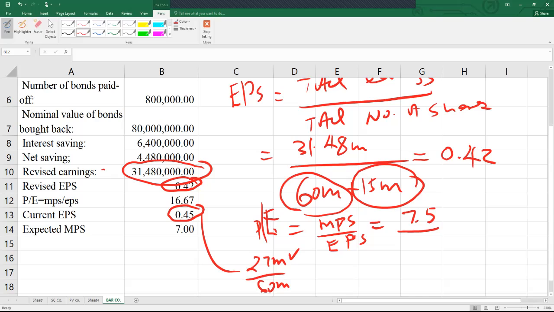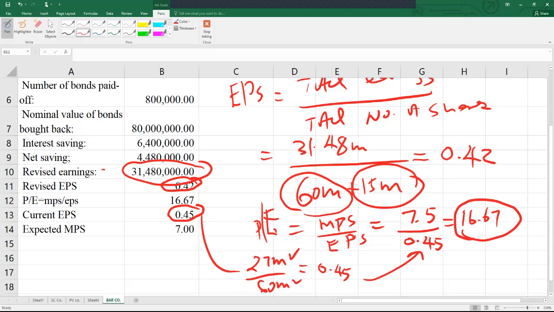This was the earnings of the company before, and the shares of the company before, and you get 0.45. So we bring it here, 0.45, and you get 16.67. And we assume this remained constant even after.